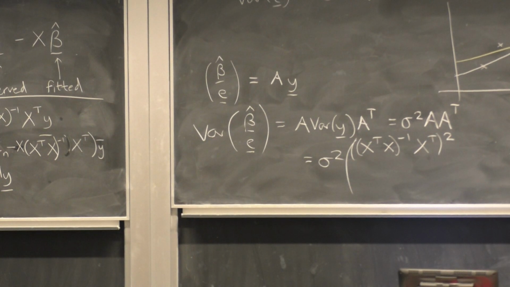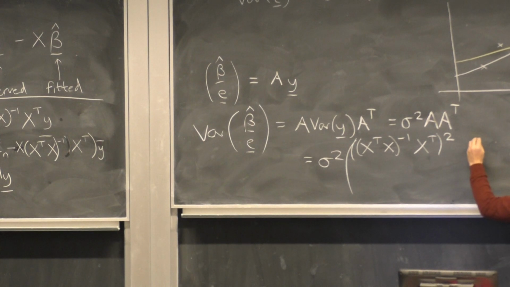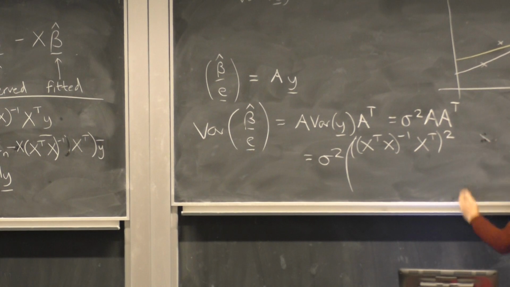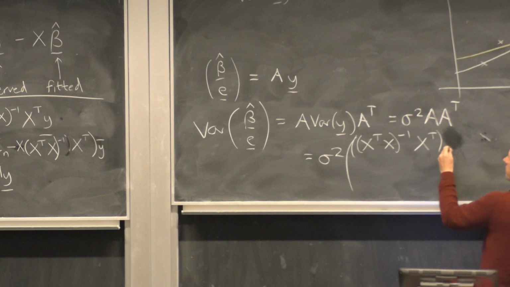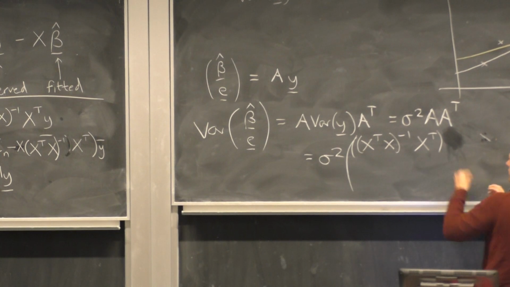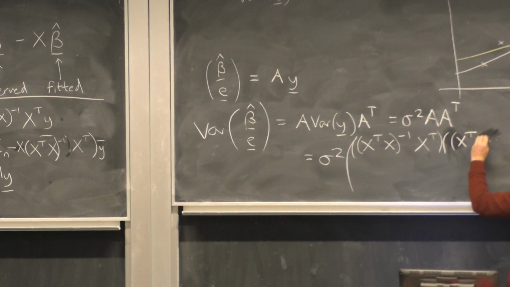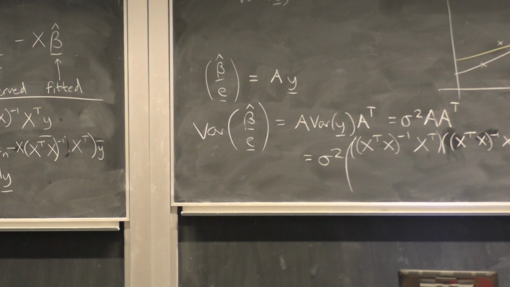That bit's not going to matter very much, in fact. Then here, we're going to get, I got that wrong, we don't want to square it because we're actually going to take the transpose of it in the second term. Fortunately, as I say, it doesn't really matter very much because it's going to be a bit of a mess. We want x transpose x to the minus 1 times x transpose, all transpose, the second term.